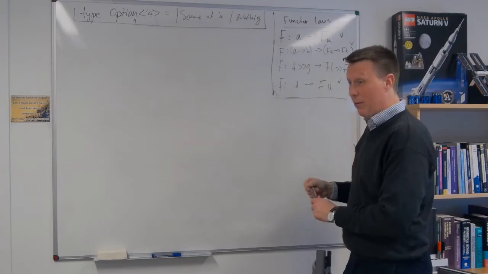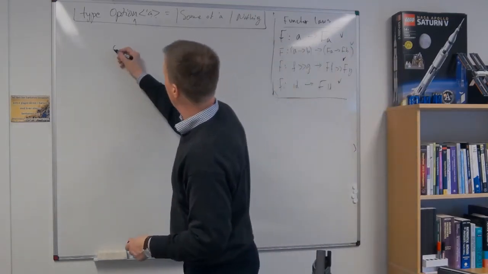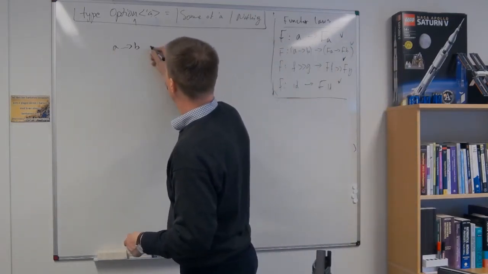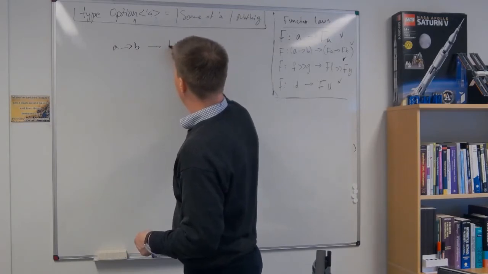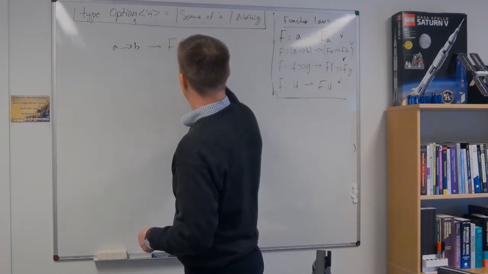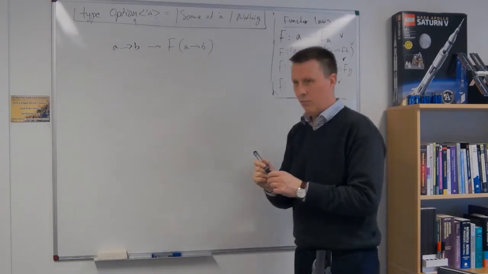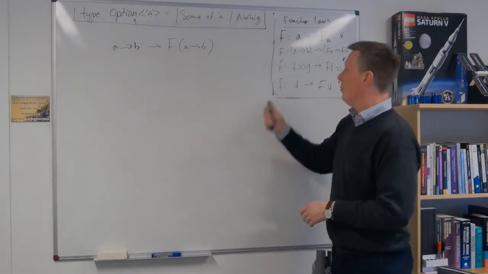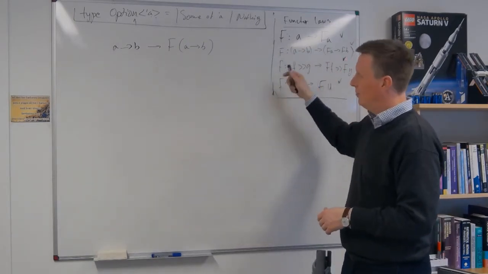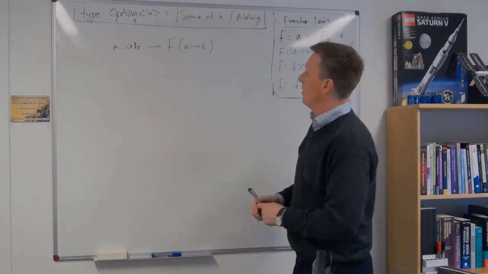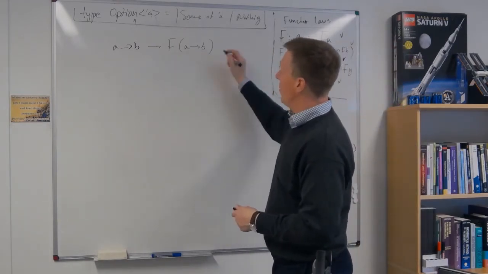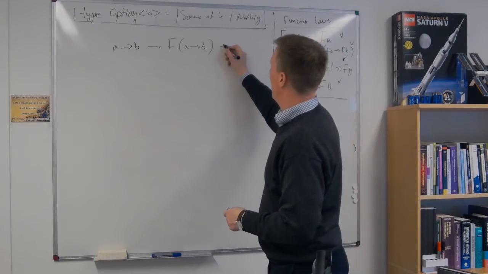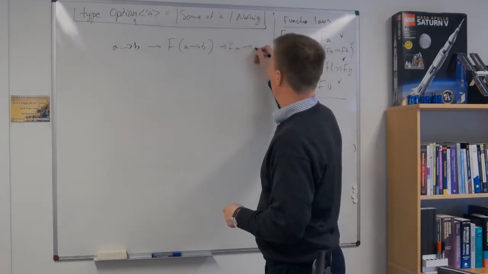But what the applicative will do is it will take a function from a to b and turn it into an f of a to b, which was exactly the one that we didn't want for the normal functor. And then we can apply this function to some f of a to produce an f of b.